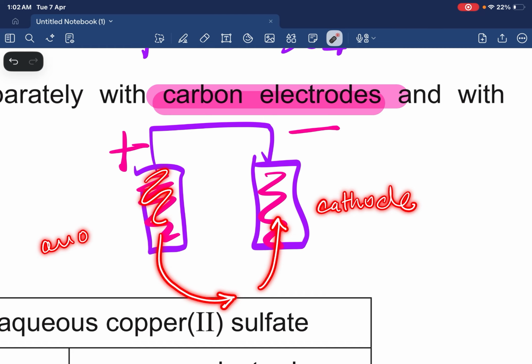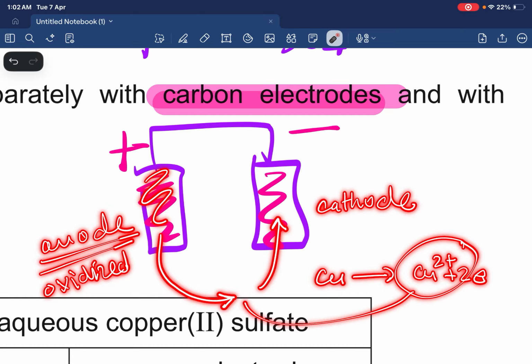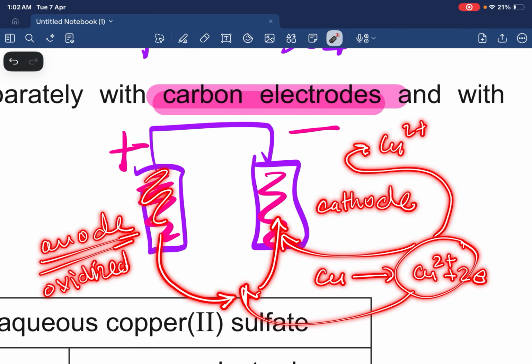At the anode, copper is oxidized. Oxidation is loss of electrons. Copper loses electrons to form Cu2+ plus 2 electrons. Then the Cu2+ ions in the solution go towards the cathode. And there, what happens at the cathode? Reduction. They gain electrons. So Cu2+ plus 2 electrons gives copper. Got it?